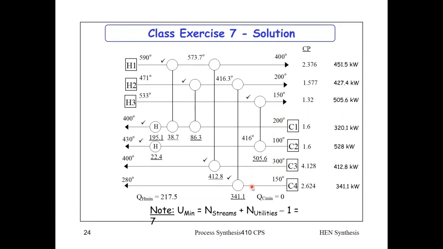So if I do that, then you don't have to go and work out U-min and how many independent heat loops there are or anything like that, because I'm asking you to simply remove one heat exchanger. And I'm specifying that heat exchanger so that you don't have to go and randomly choose a heat exchanger that you want to remove.